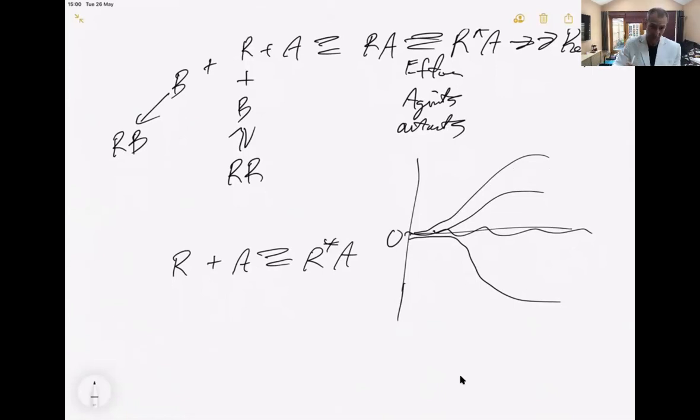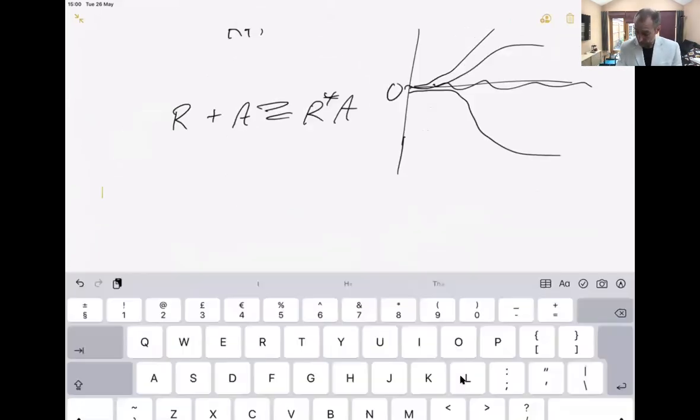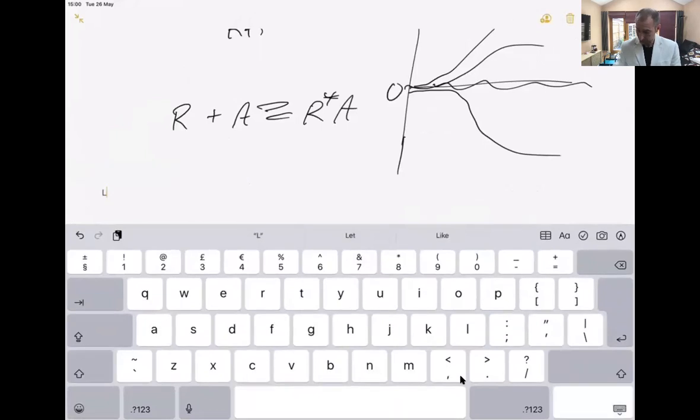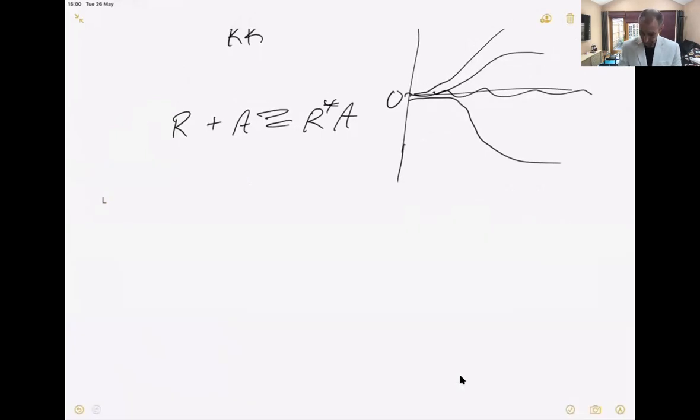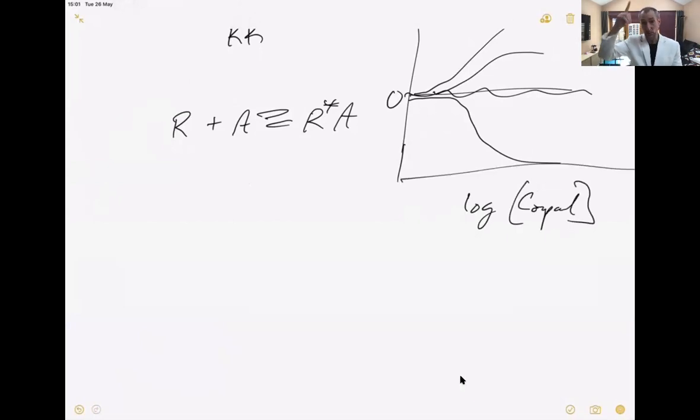It will be not necessarily completely zero and flaccid, not necessarily completely relaxed, but we take that as our baseline measure and we call it 0. Then as we add some compounds, this is log compound concentration. As we add log compound, we get a decrease. This is an inverse agonist.